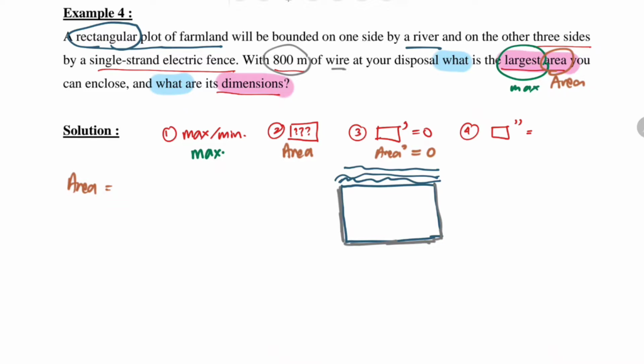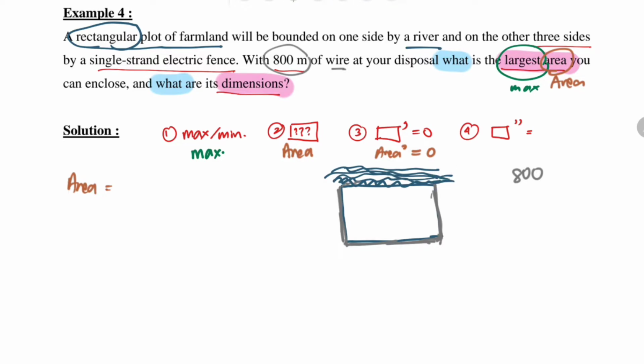Of course, that 800 meters of wire is only needed for our three sides here. Another way to think of it is that 800 meters is actually the perimeter of this rectangle, but not the perimeter of the whole rectangle, because one side doesn't have the electric fence. This one is open because it's the river.